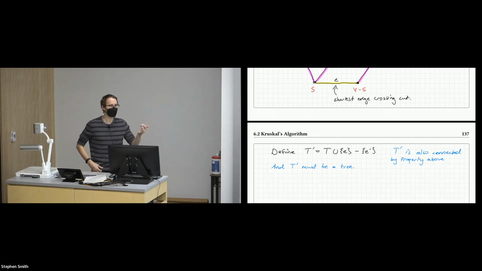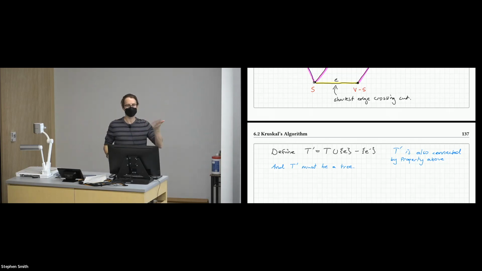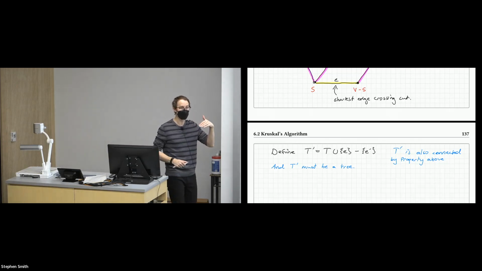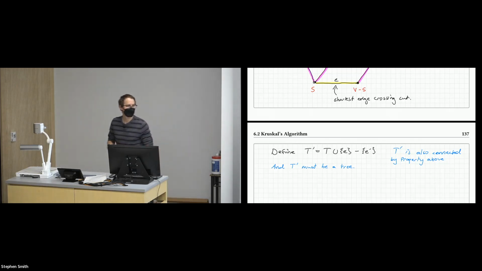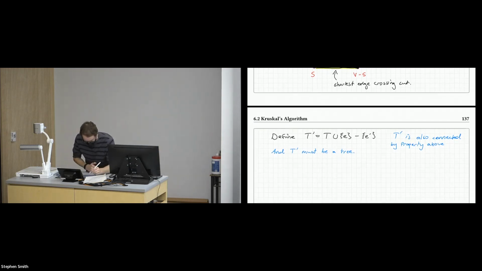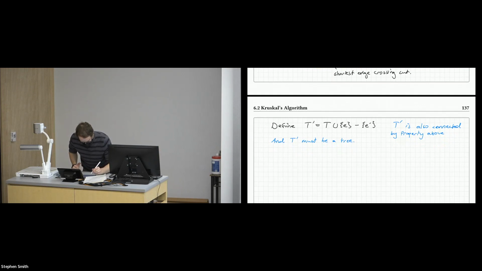Sometimes that kind of question, that if you have a graph on V vertices and it has V minus 1 edges and it's connected, then it must be a tree, is the type of thing you could get asked on a midterm or final exam, because it's actually quite easy to show if you don't agree with it. Anyway, that's all I'll say. So T prime must be a tree.